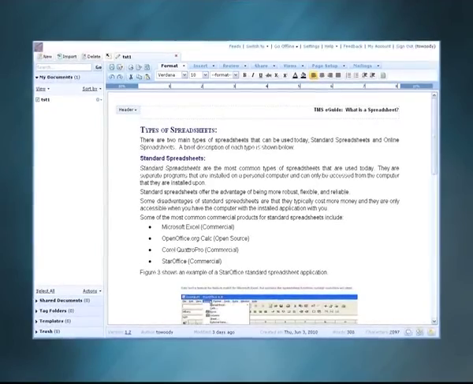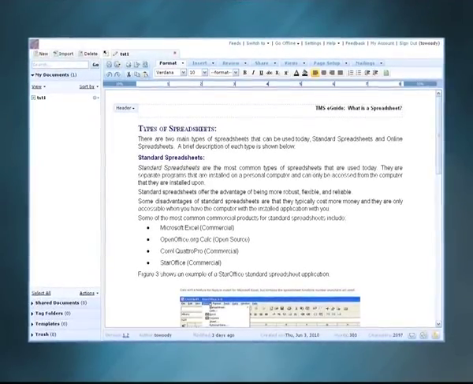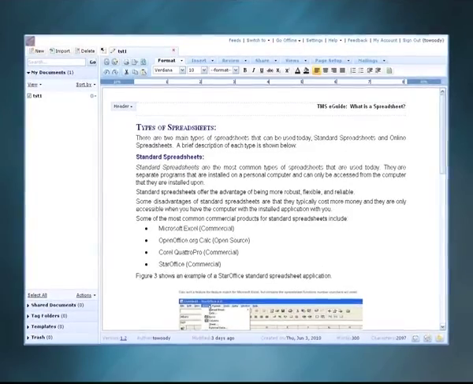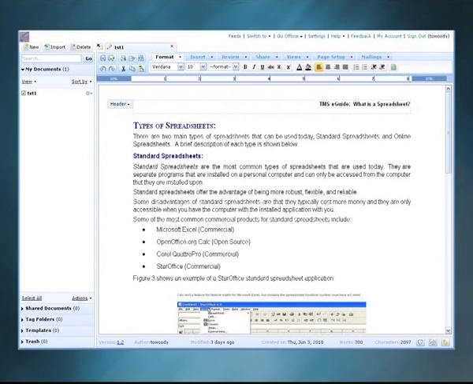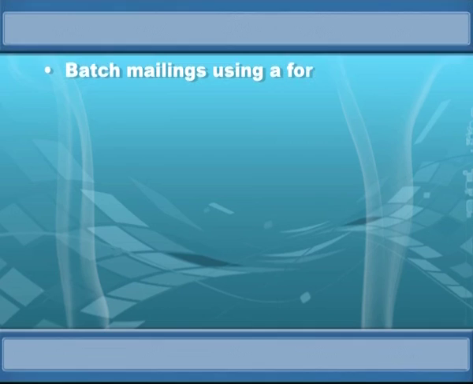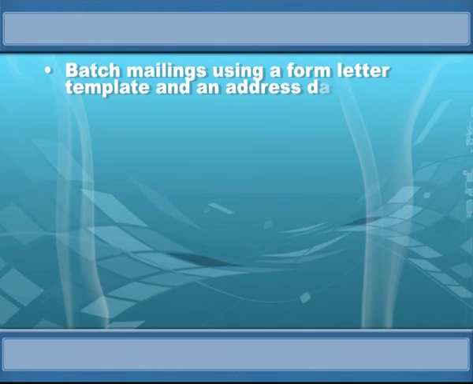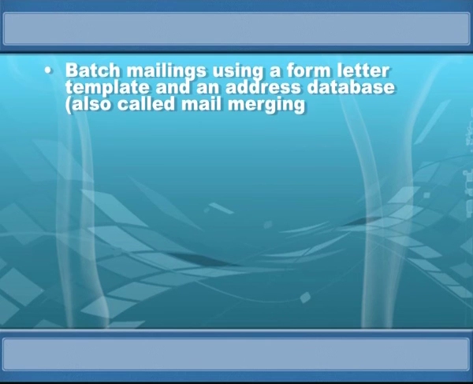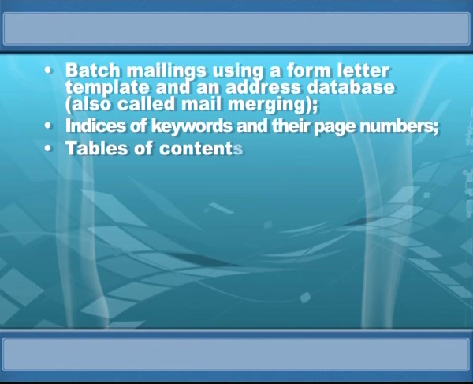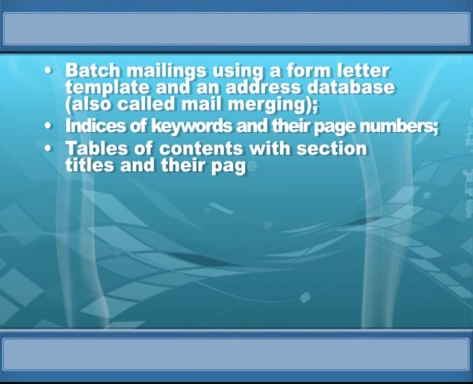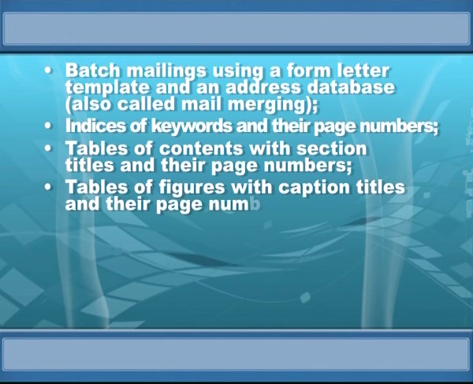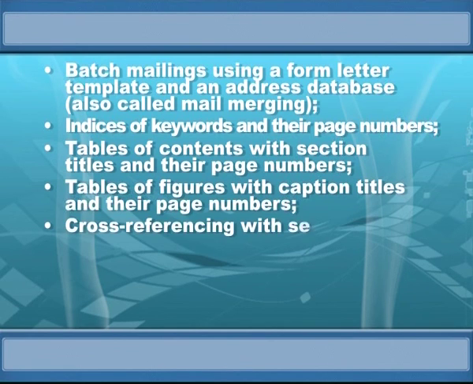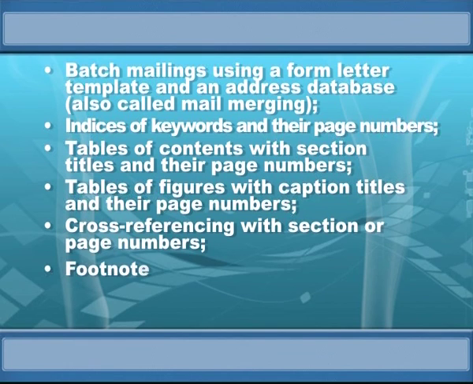Word processing typically implies the presence of text manipulation functions that extend beyond a basic ability to enter and change text, such as automatic generation of batch mailings using a form letter template and an address database, also called mail merging. Indices of keywords and their page numbers, tables of contents with section titles and their page numbers, tables of figures with caption titles and their page numbers, cross-referencing with section or page numbers.